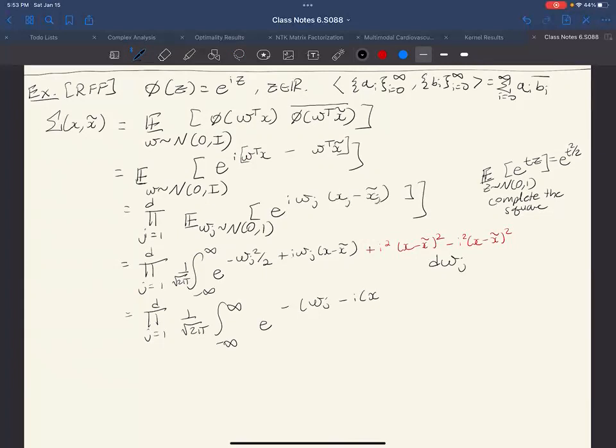Sorry, I missed the j's on my x's here, because of course it's a dot product over a vector. And of course, we have to take the term here outside.